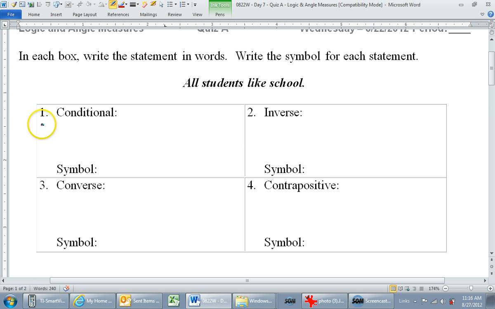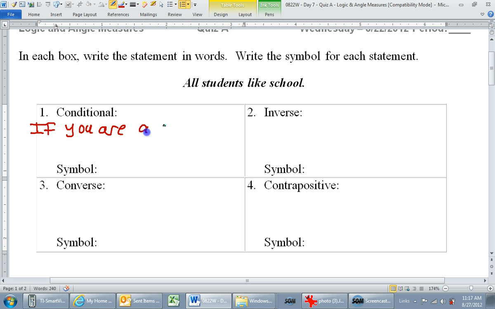Yeah, the most common way we were doing this in class before, we would say things like, if you are a student, then you like school. Okay, so that's what we were looking for in terms of a conditional.